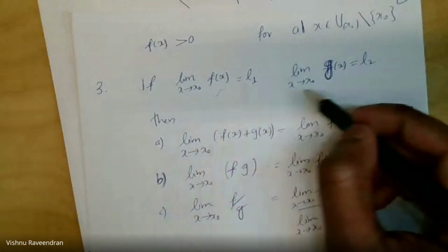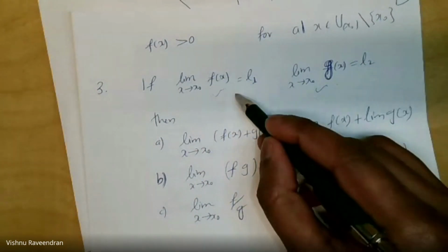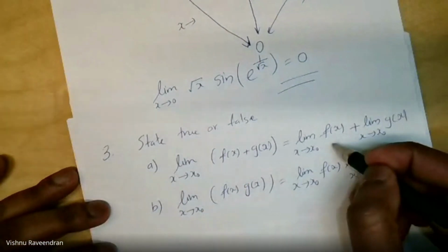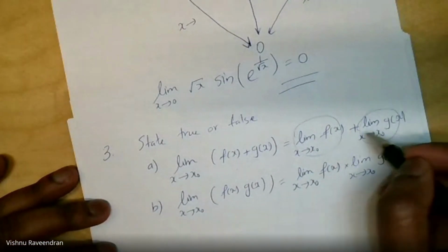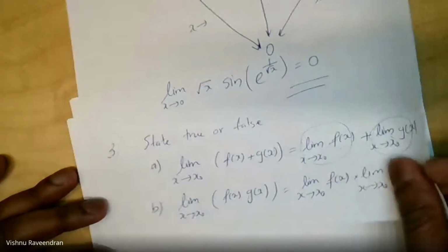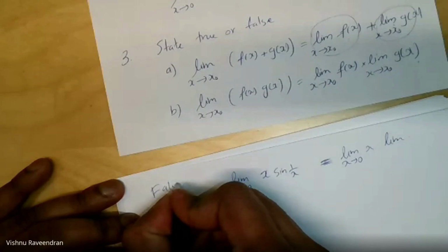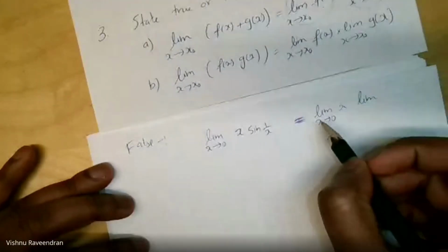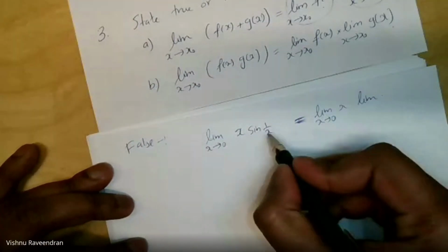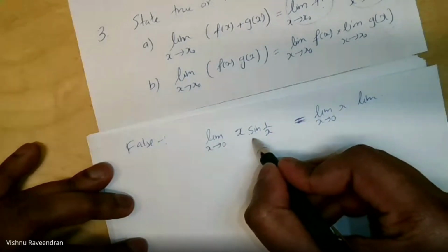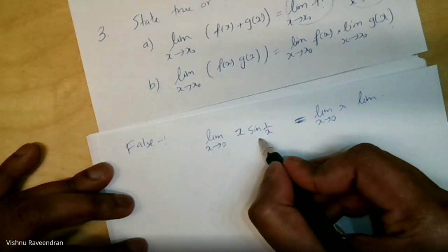We need the limits of f of x and g of x to exist. But in this case, we just stated it without the existence of the limits. So the answer is false. And the counterexample she gave is limit x going to 0 of x sine 1 by x.